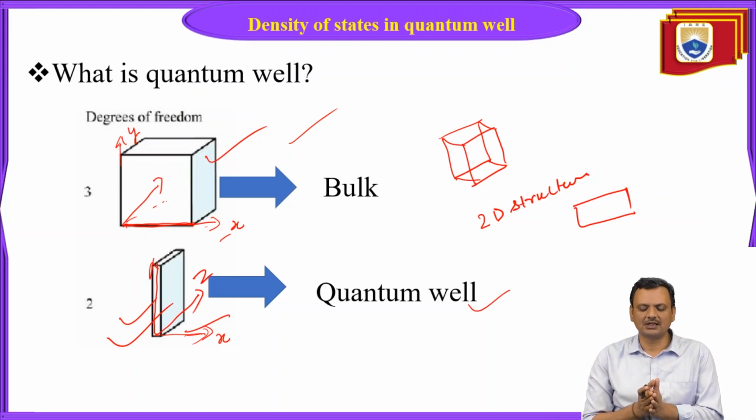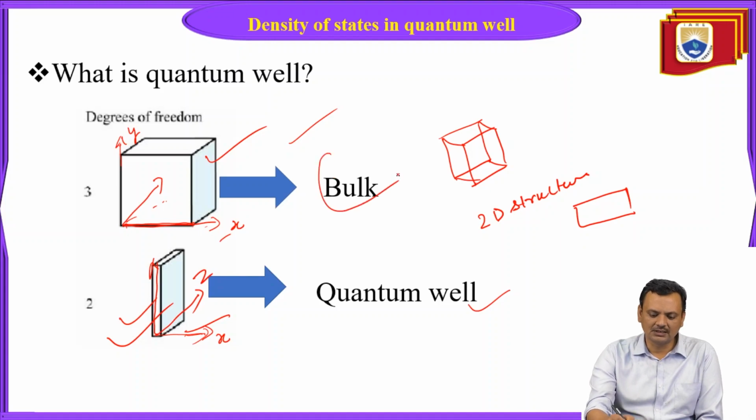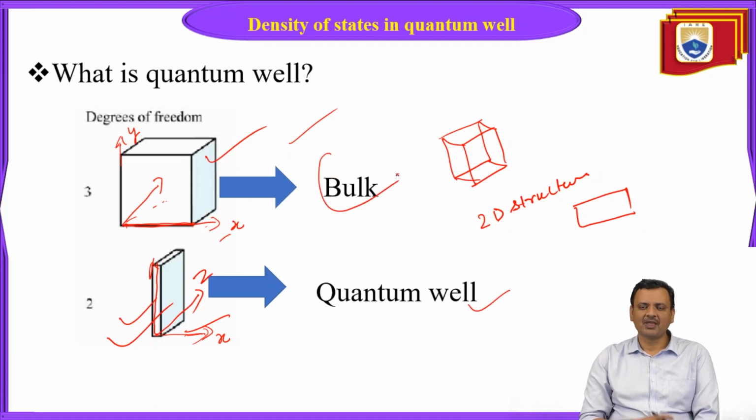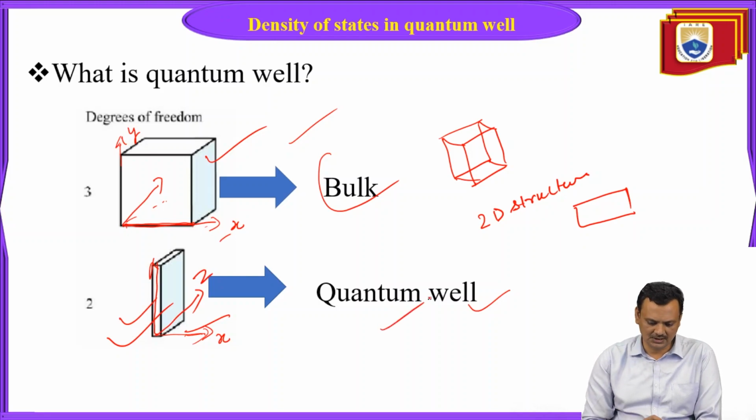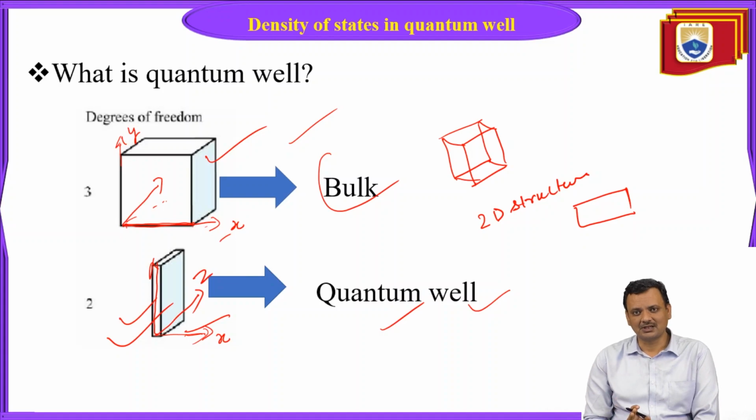Such study is considered under the bulk case. But if you restrict any one dimension of the crystal structure and the other two dimensions are as free as bulk, such a structure is known as a quantum well structure. So in the quantum well structure, what will be the density of state?